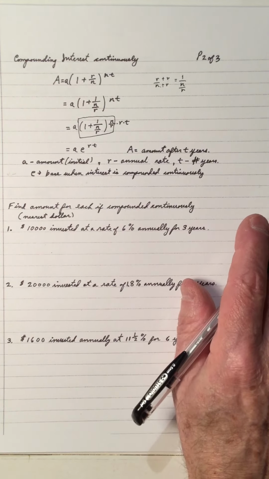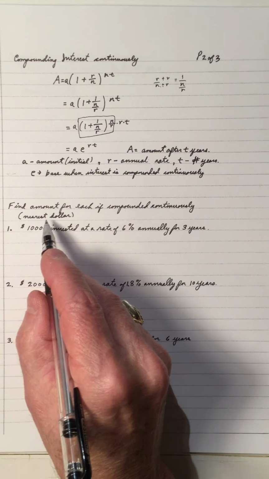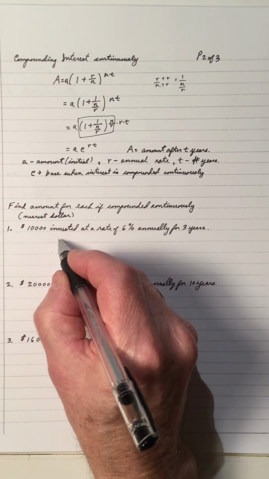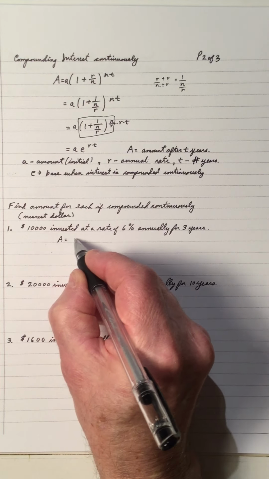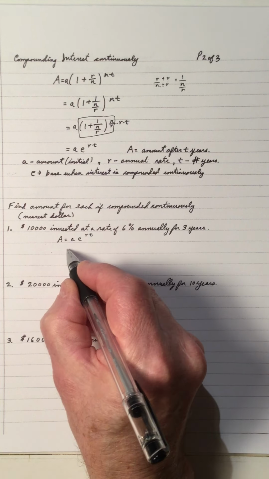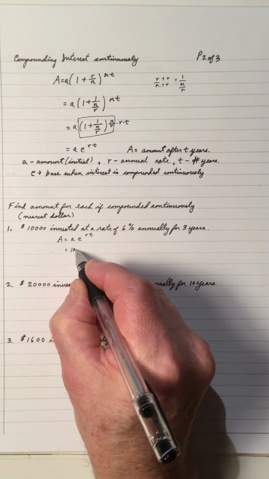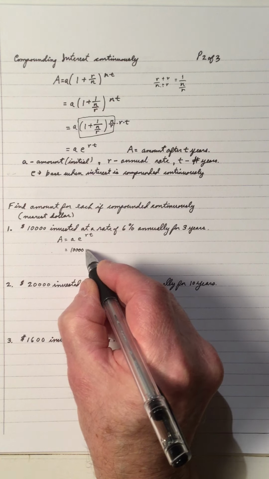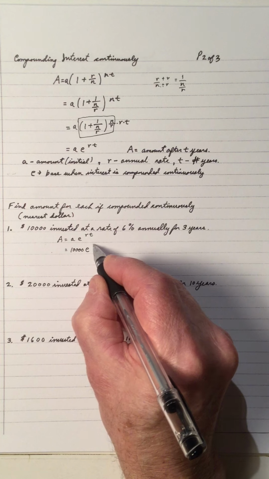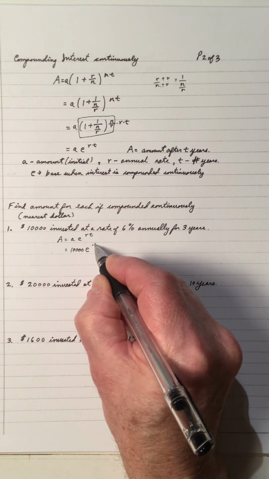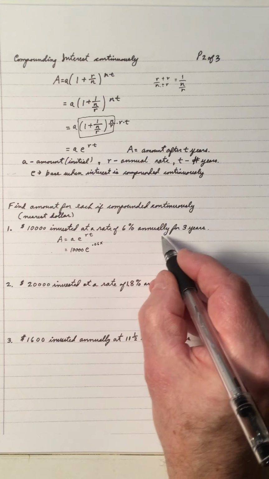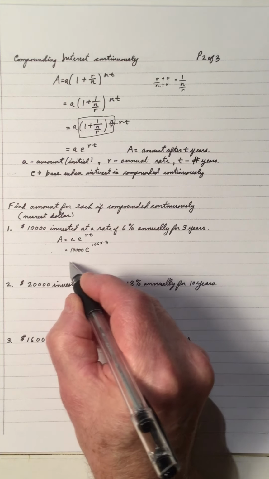So let's do the compounding continuously. Find the amount for each if compounded continuously. So we have A equals a e to the rt, compounded continuously. So a is $10,000. The annual rate is 6%, which is the decimal 0.06, and we're going to multiply it by 3.